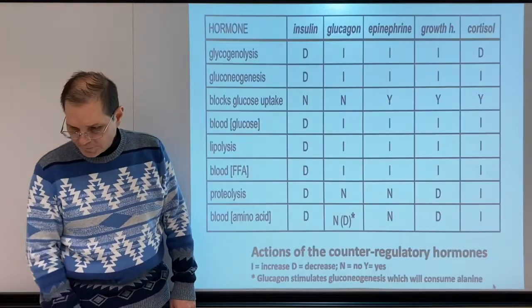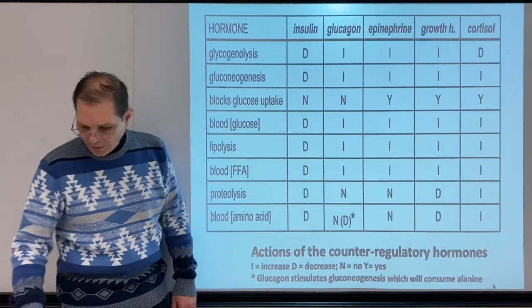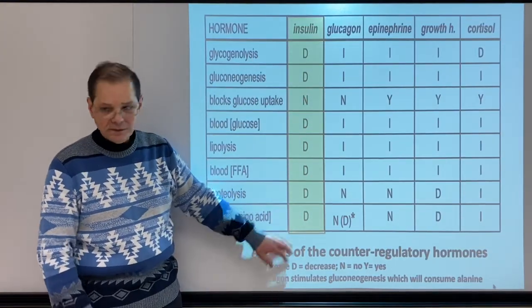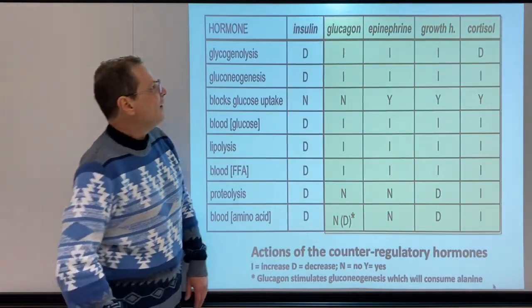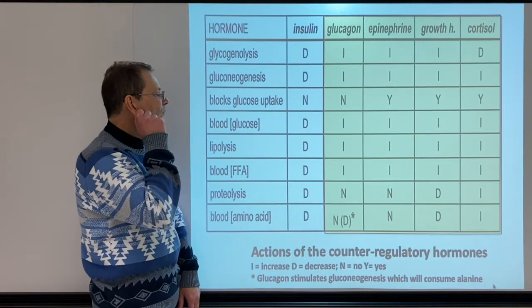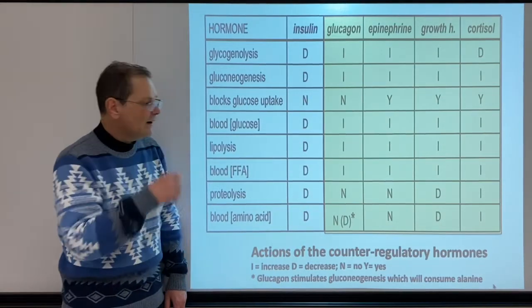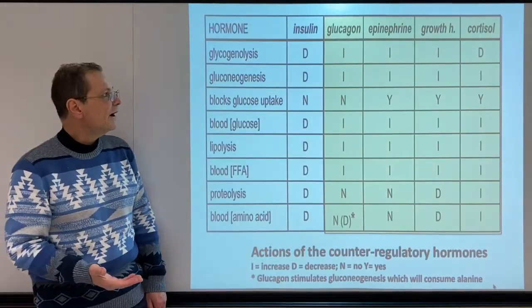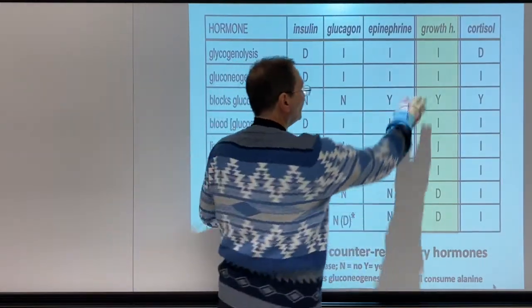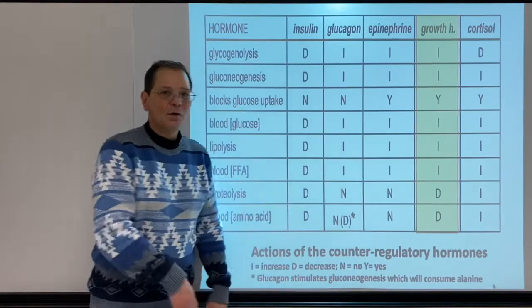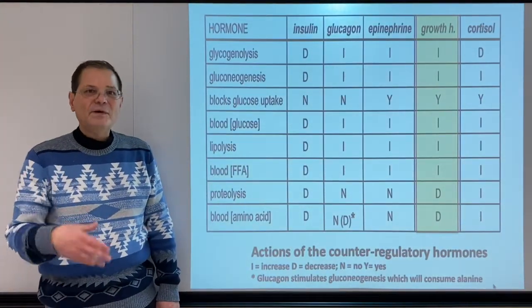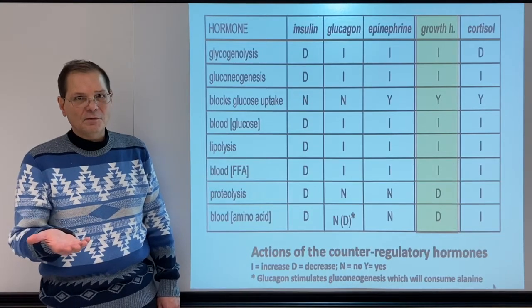Okay? Here's our familiar table now. We have insulin here. Its job is to bring glucose down. Okay? And we have our other four hormones here, and their job is to bring glucose back up in response to low glucose. All right? And the one that we are going to talk about in particular now is growth hormone. And again, growth hormone generally, its job is going to be to bring substrate levels back up toward normal.